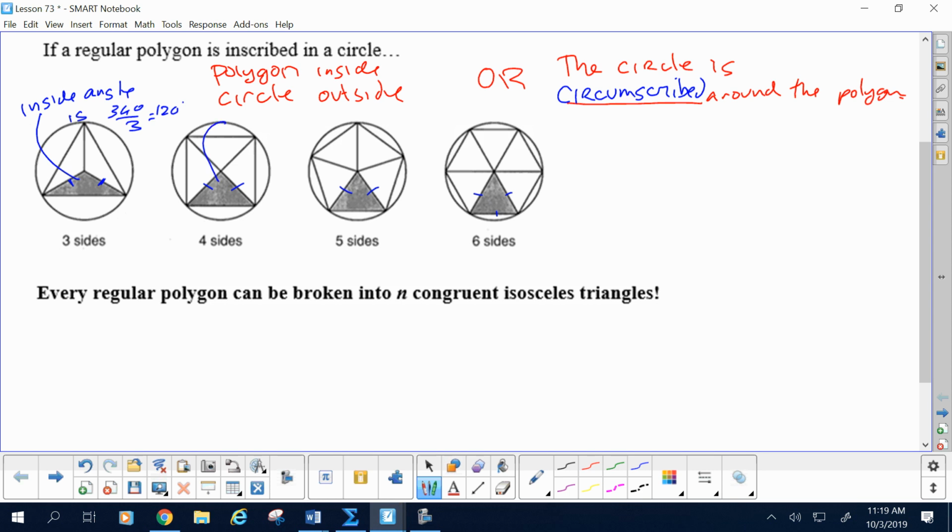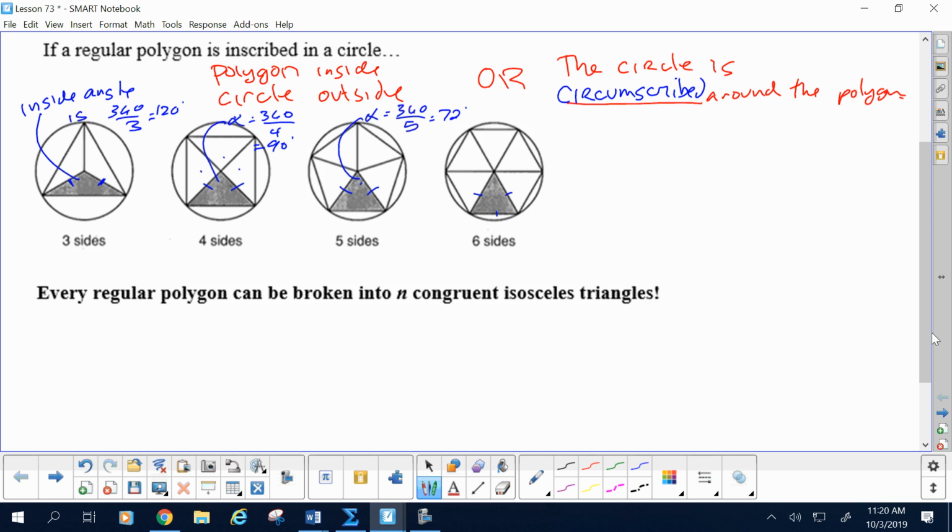The angle, I'll say alpha, is 360 divided by 4. And so there each angle is 90 degrees. And a pentagon, each angle is 360 divided by 5, or 72 degrees. Easy enough. Are you with me?